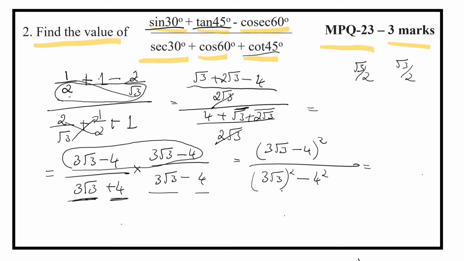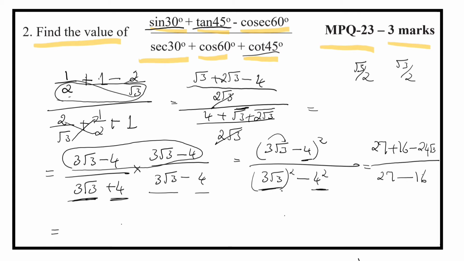Numerator: a square, how much? 3 3s are 9, 9 into 3 is 27, plus b square, what is it? 16, minus 2 into a into b: 2 into 3, 6 root 3, into 4, 6 fours are 24 root 3. Upon, here (3 root 3) square: 3 3s are 9, 9 3s are 27, minus 4 square 16.